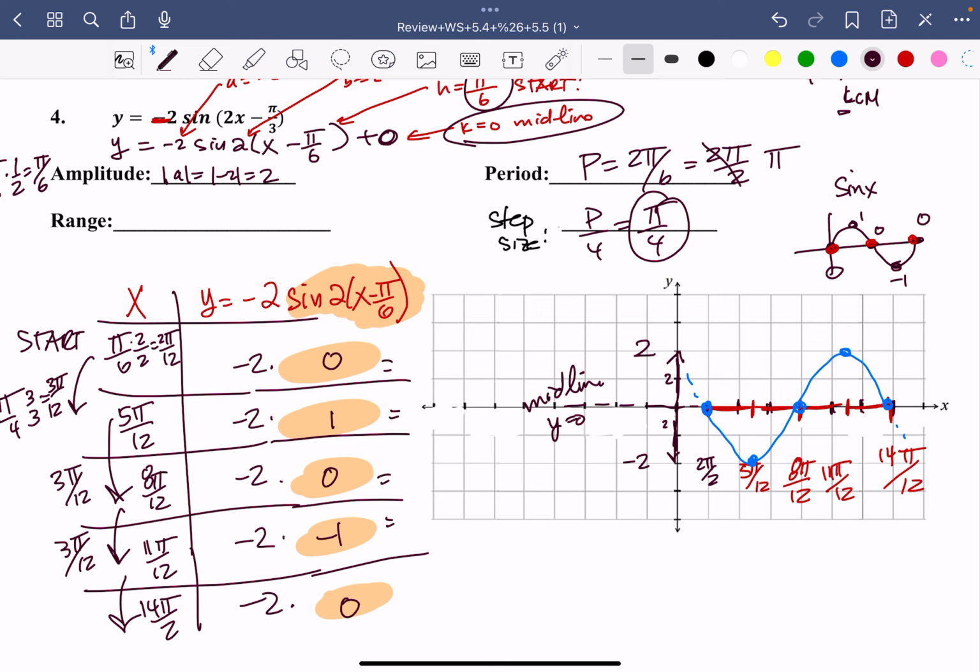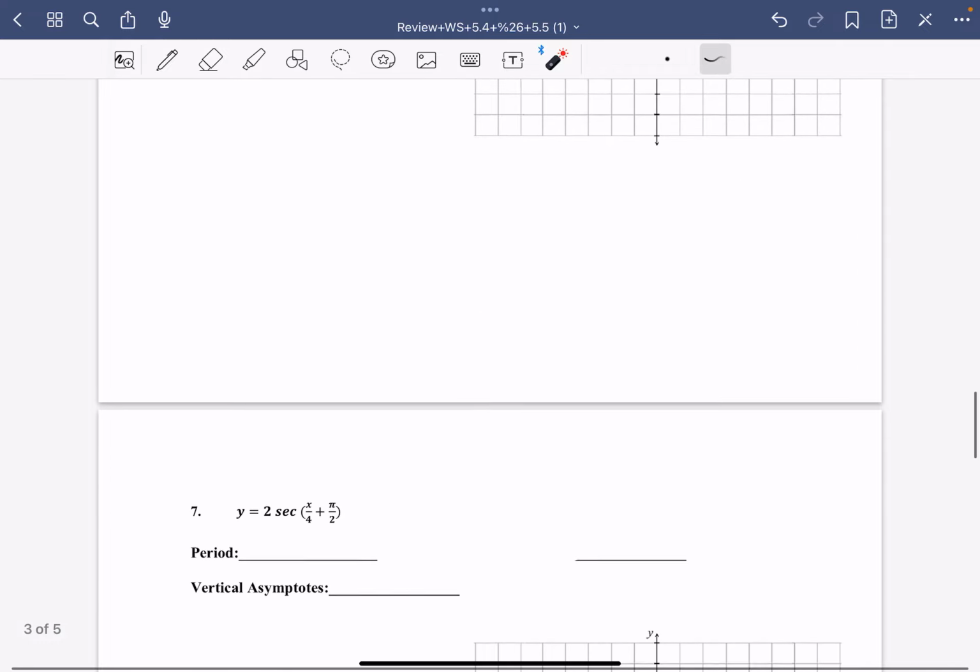So my new outputs should be 0, negative 2, 0, 2, and 0. And yes, that's what we got. 0, negative 2, 0, 2, and 0. Pretty cool.